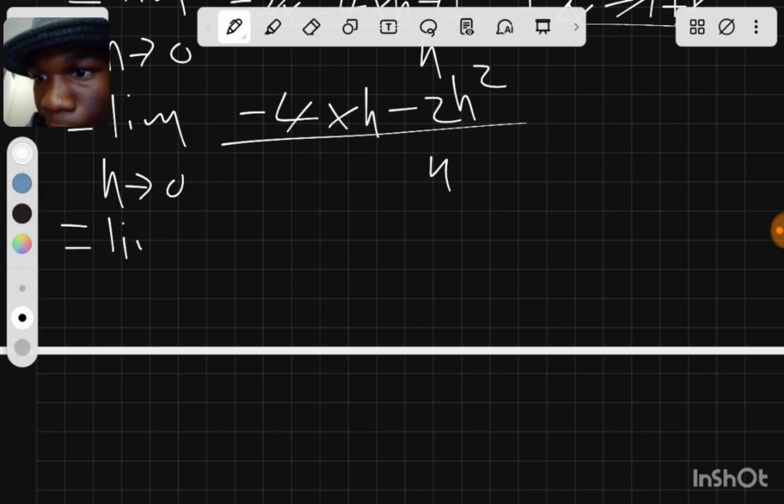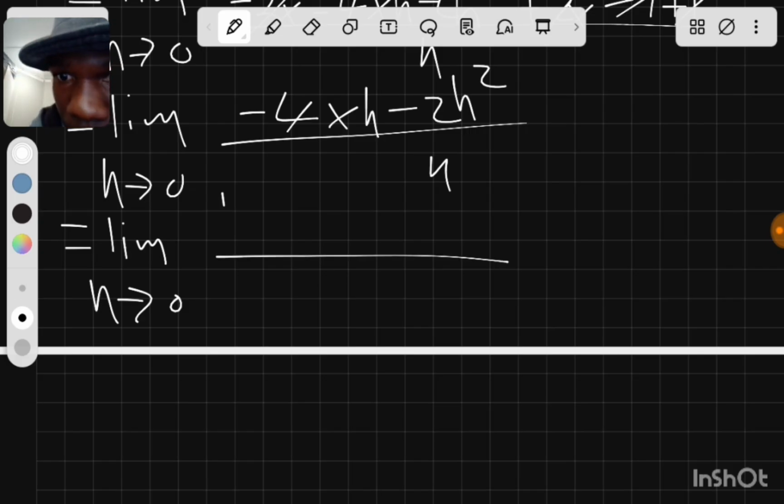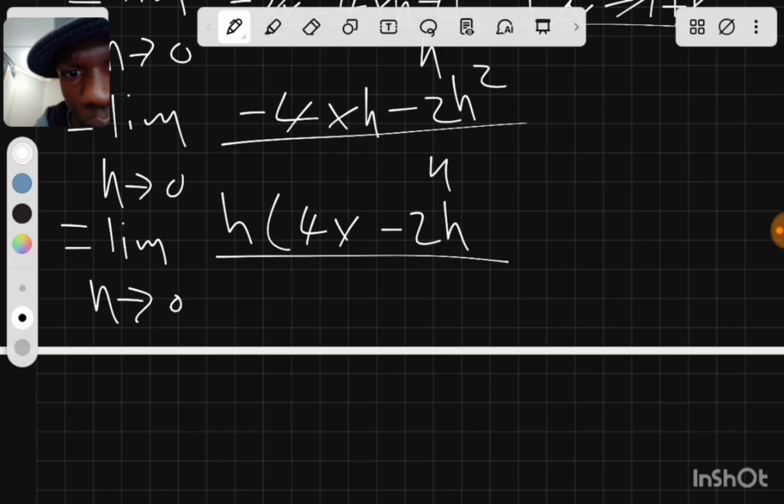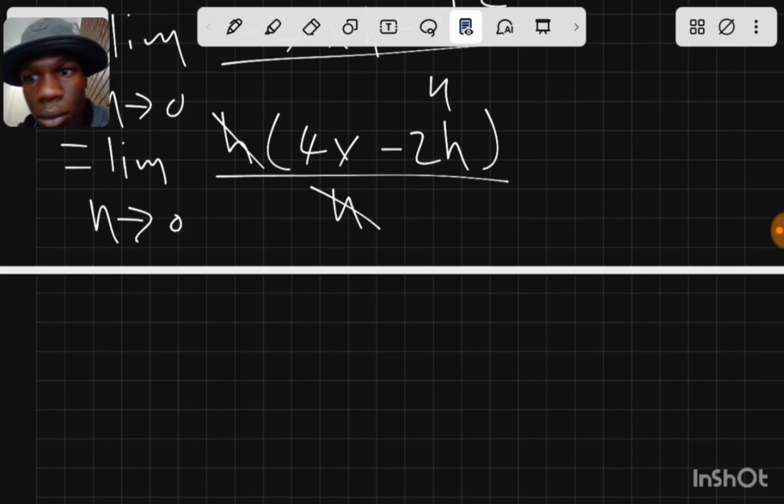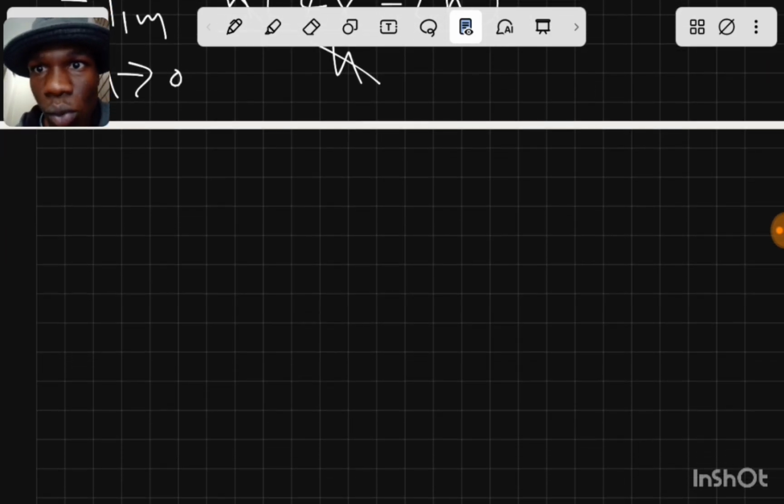Limit h approaches 0. So we're going to take the common factor of h, then we're left with 4x minus 2h over h. This h and this h cancel.